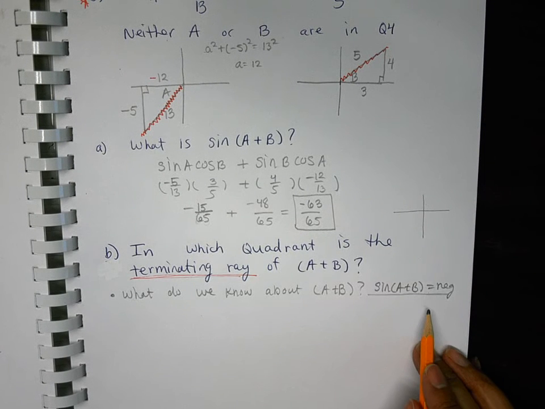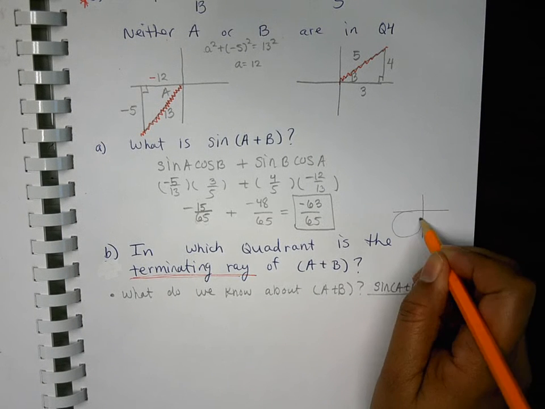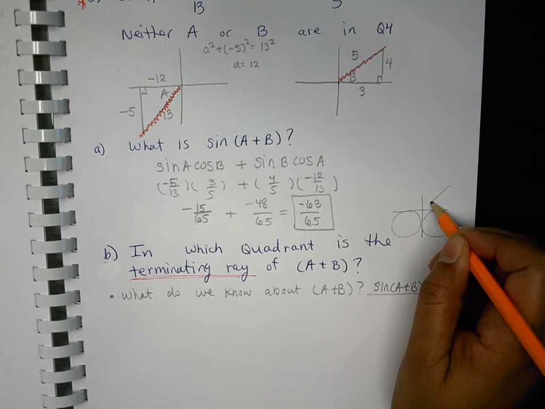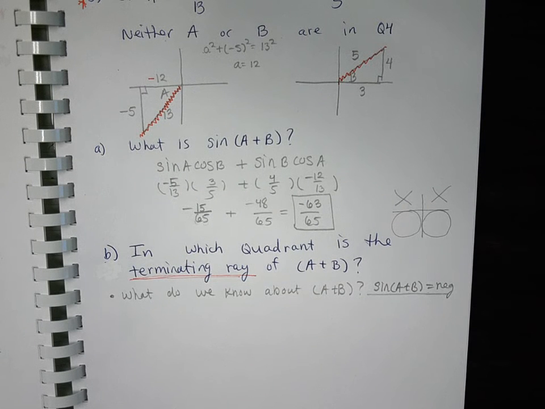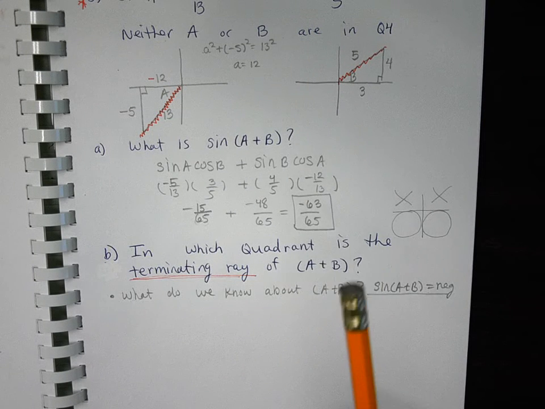If sine is negative, which 2 possible quadrants could I be in? 3 or 4. Now, if you stopped here and said, it's in quadrant 3 because it cannot be in quadrant 4, I'd mark it wrong. Because this up here has nothing to do with A plus B. It's A by itself and B by itself. All right.